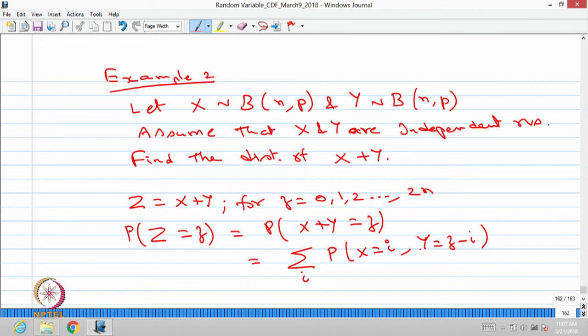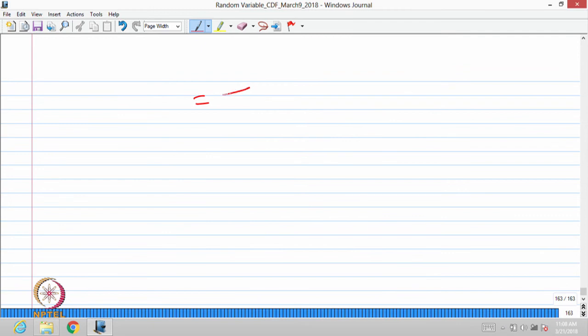To solve this problem I should have been given the joint probability mass function of x comma y, or made the assumption that x and y are independent, and only then can I find the distribution of x plus y. So, this is the same as the summation over i of the probability that x takes a value i times the probability that y takes a value z minus i.